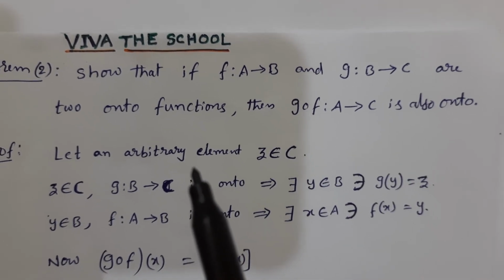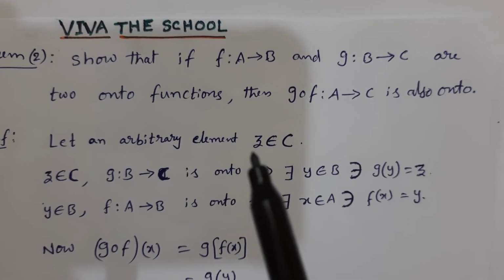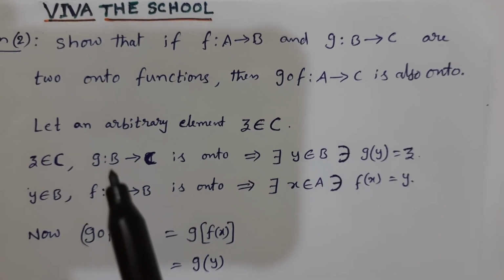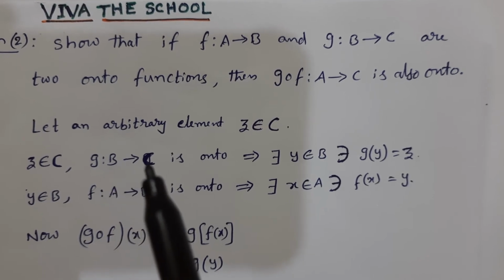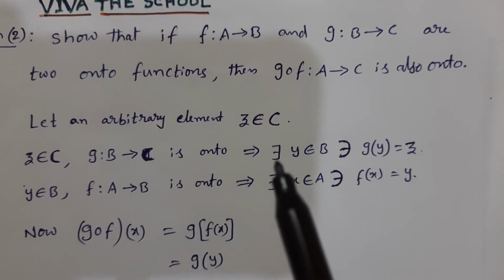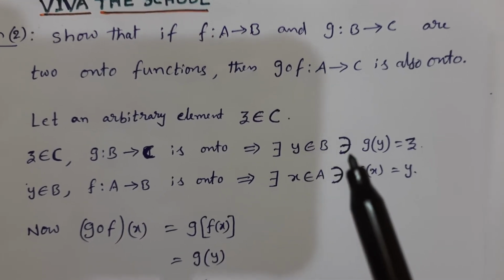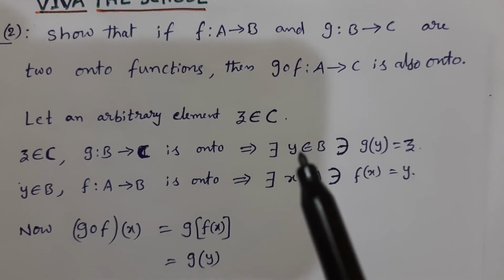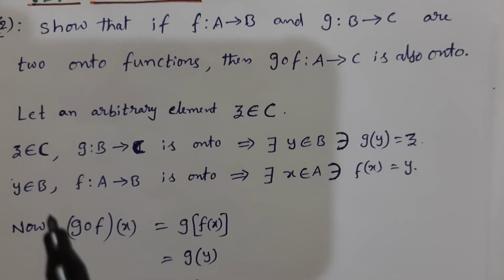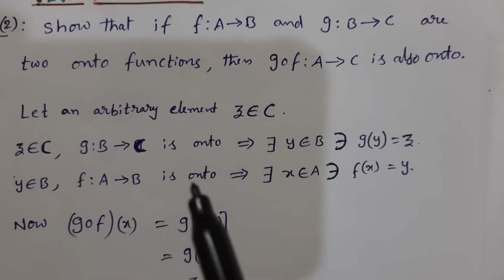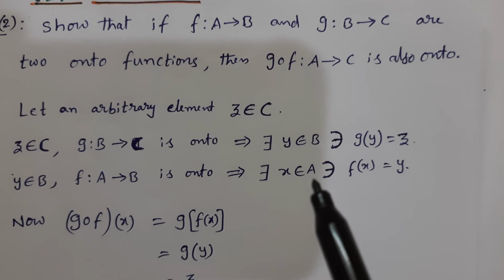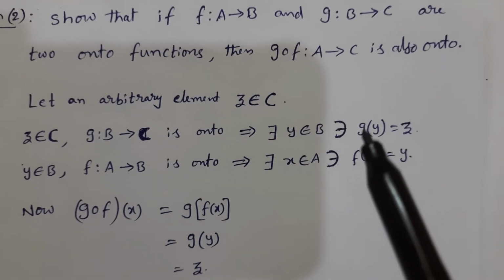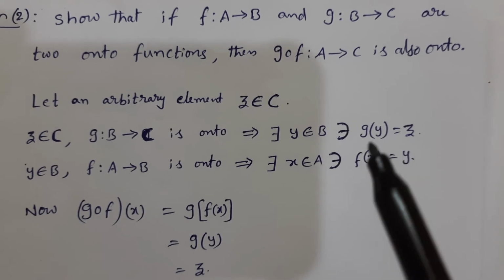Let us take any arbitrary element z in the set C. g from B to C is onto, then there exists y belonging to B such that g(y) equals z. In the same way, y belongs to B, and f from A to B is onto, so there exists x belonging to A such that f(x) equals y. These two conditions are the onto function working rules.